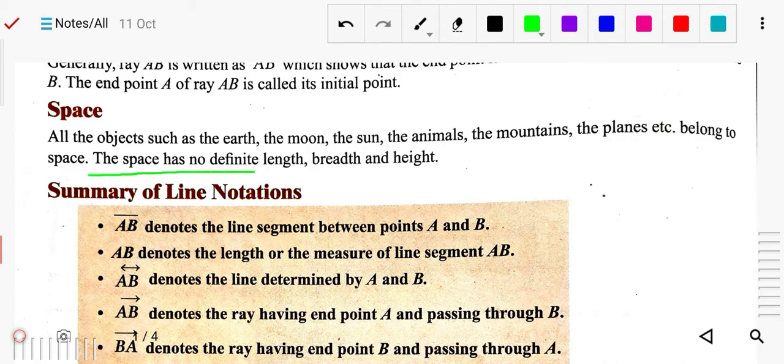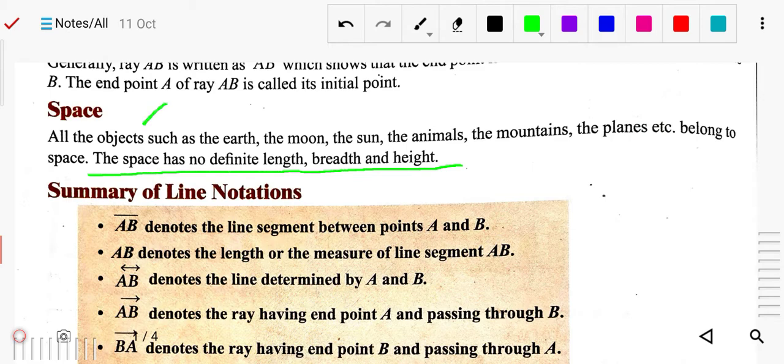The space has no definite length, breadth and height. It means it is not defined. We cannot define the length, we cannot define the breadth, we cannot define the height. Space has no definite length, breadth and height. Okay, so that is your space.